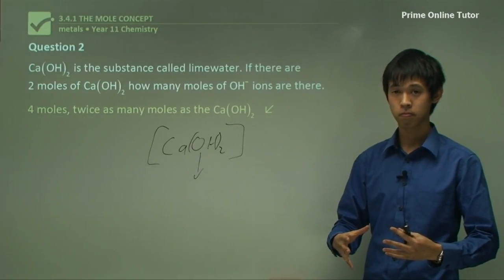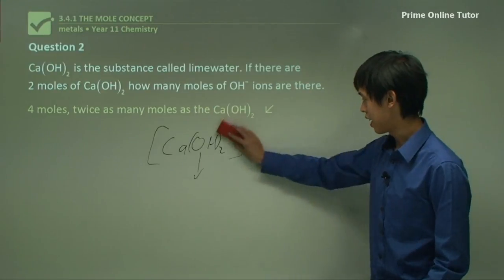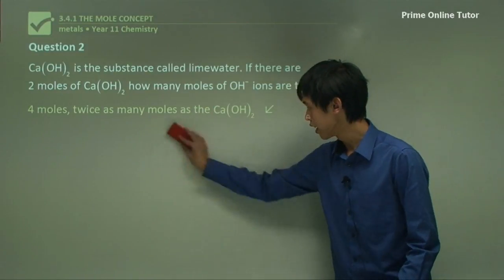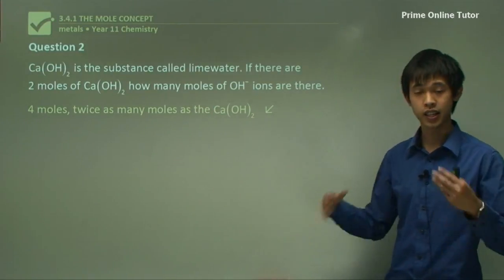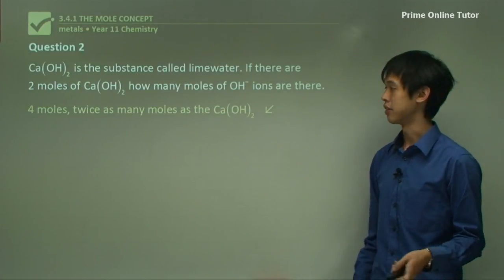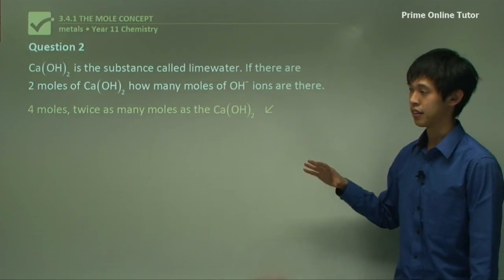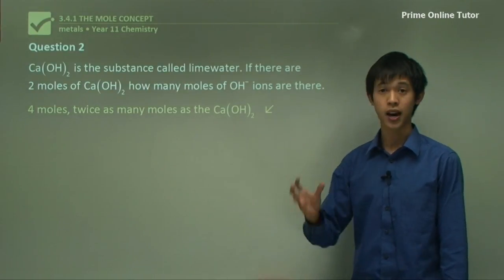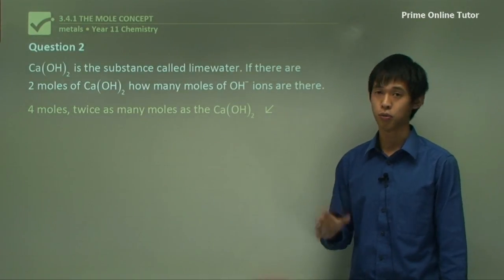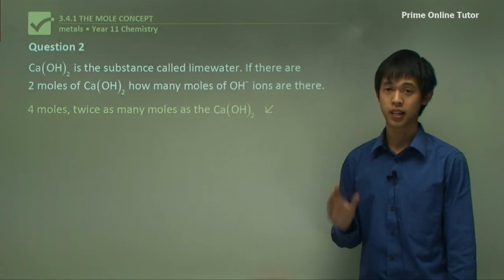Okay? So that's how we calculate that. And you'll get lots and lots of practice in seeing these sort of things, because that's essentially what chemistry is built on. Now, if you don't understand it now, you can just keep practicing it, and eventually it will become second nature to you. That's something I can guarantee.